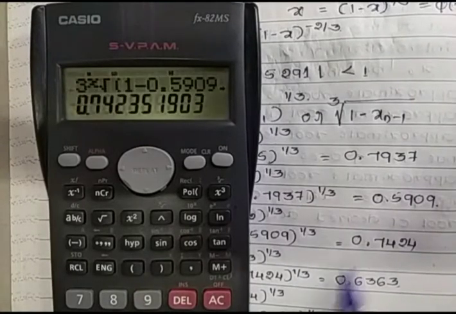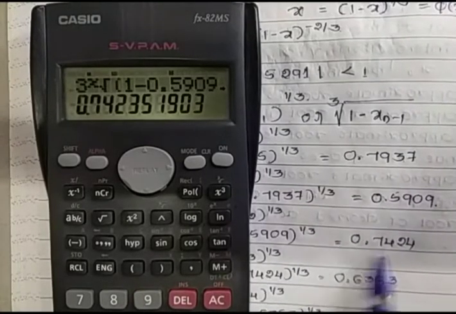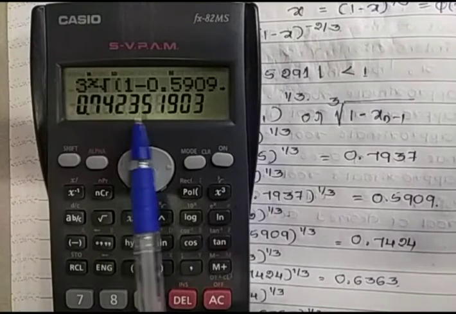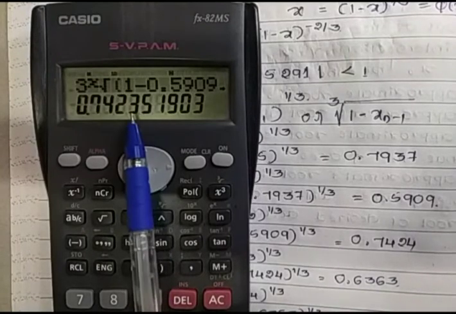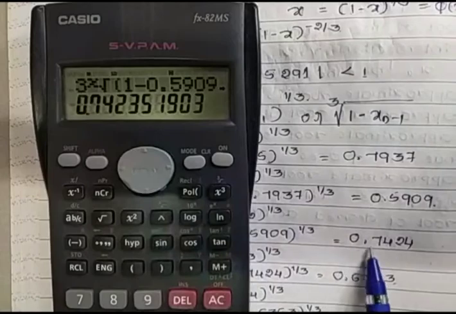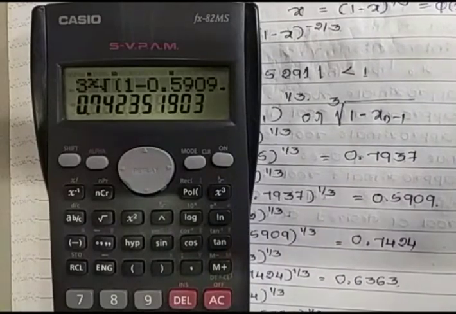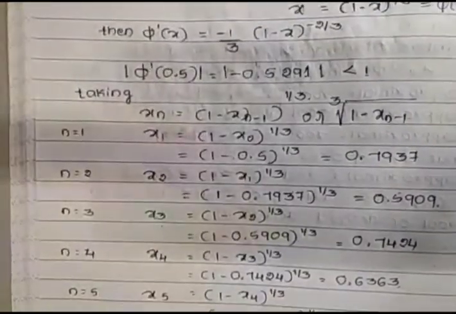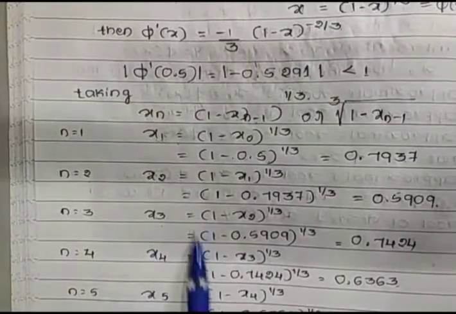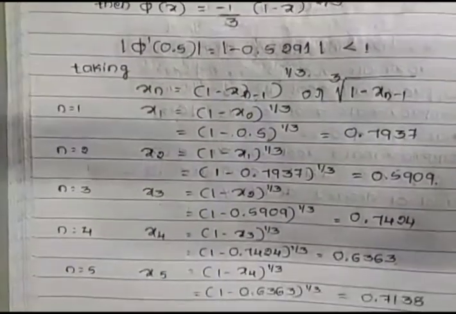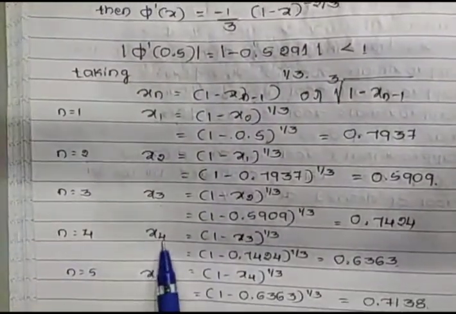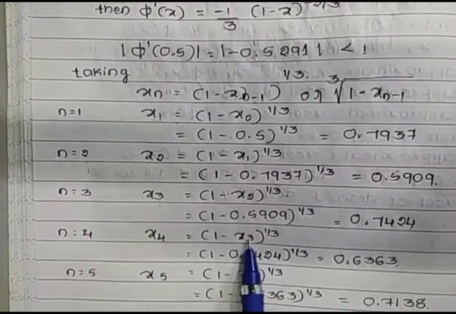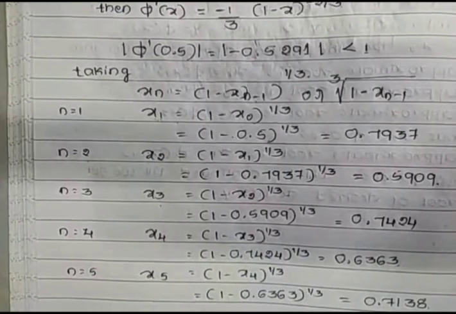The answer is 0.7423, but there is a 3 after the 5, so rounding off we'll get 0.7424. This is the third step simplification, that is the third approximation. Then go for the fourth one. So x4 is equal to (1 minus x3) raised to 1 by 3.